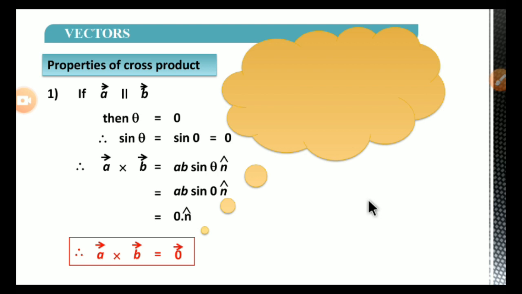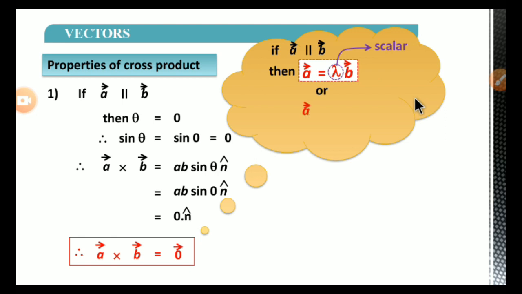So now here we will see one important point. If vector a is parallel to b, then a equals lambda b. That lambda is what here? It is a scalar quantity. Or else here we can write a cross b equal to 0 vector.